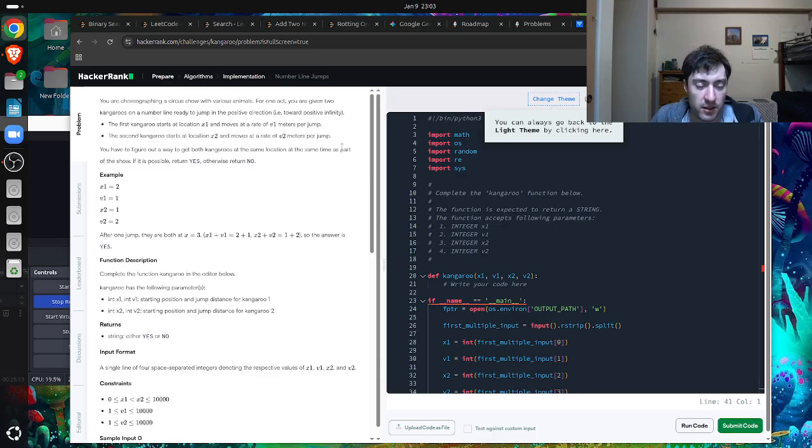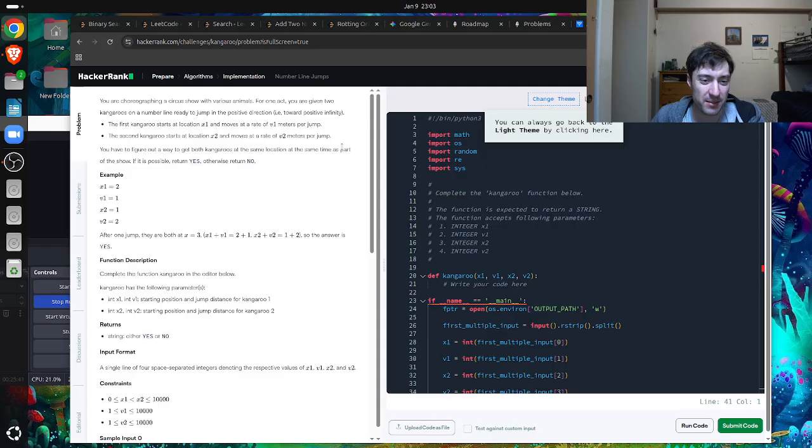I feel like I'm back in physics class. The second kangaroo starts at location x2 and moves at a rate of v2. At what time t do they meet? You have to figure out a way to get both kangaroos at the same location at the same time. If it's possible, return yes, otherwise return no.